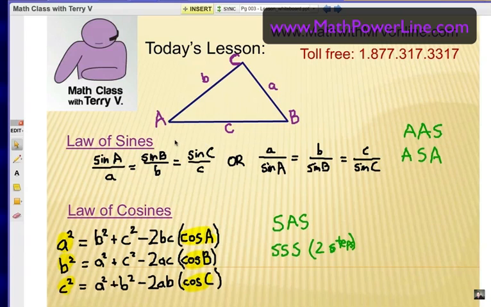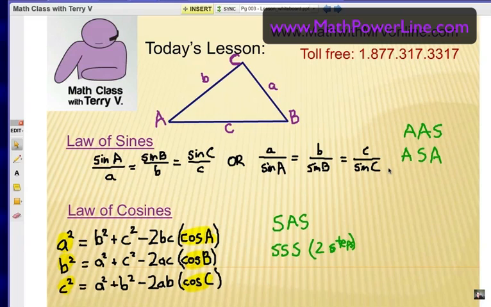Now the thing to remember about the law of sines, and part of our strategy here, is it depends on the given information. If we're given information about two angles and a side, whether that side is not included between the two angles, AAS, or if it is included between the two angles, angle, side, angle, that's when we know we can use the law of sines.